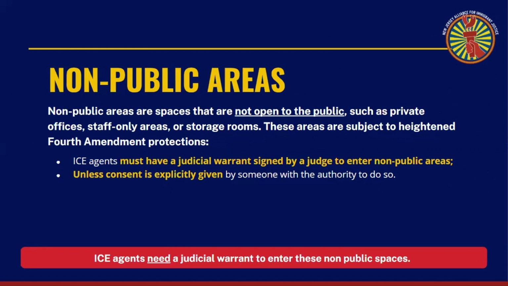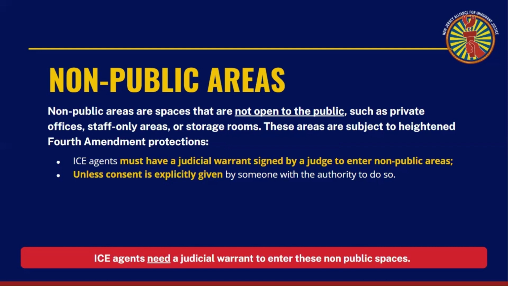Non-public areas. These are spaces that are not open to the general public, such as private offices, staff-only areas, or storage rooms. Unlike public areas, non-public spaces are subject to heightened Fourth Amendment protections. This means that ICE agents must have a judicial warrant signed by a judge to enter these areas, unless someone with the proper authority explicitly gives them consent.